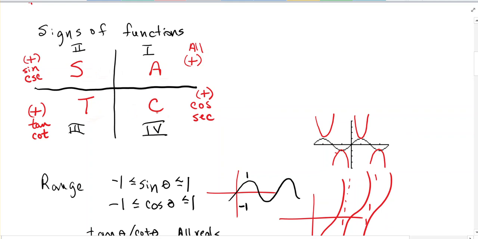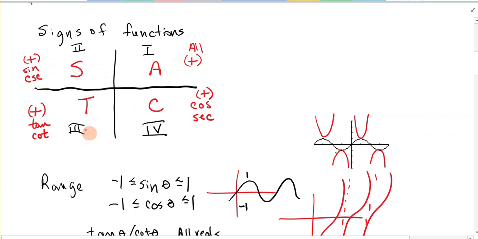So if you can write that down and start to remember it, if you're in a face-to-face class and you're going to take a test, I would write that down if you think you may need it once you get your test. So in the first quadrant, all the functions are positive. All. In the second quadrant, it's sine and its reciprocal, so sine and cosecant are positive, everything else is negative.